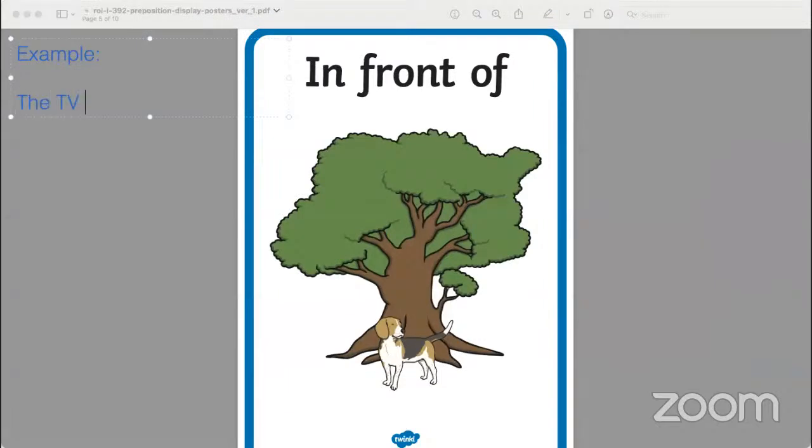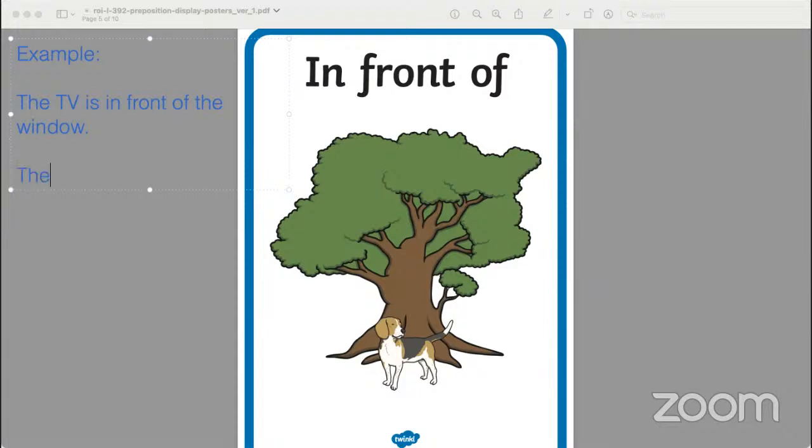So for example, the TV is in front of the window.